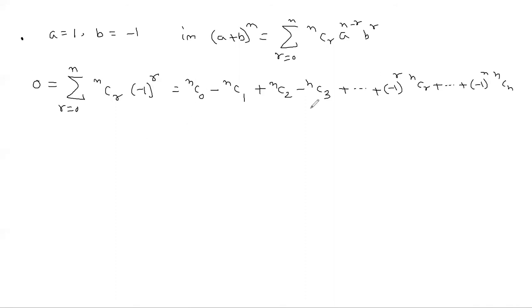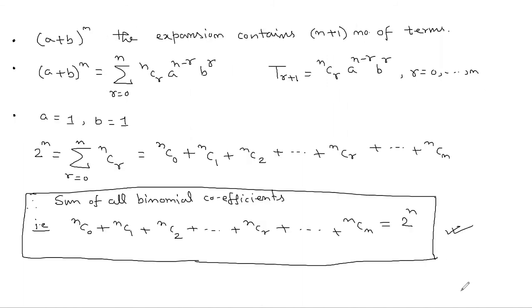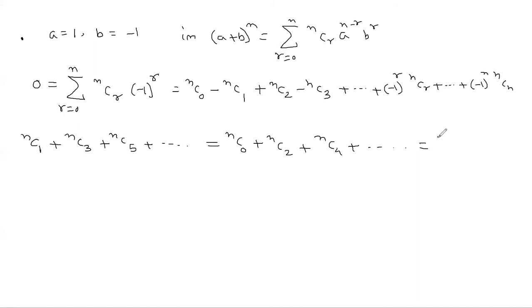If I take these negative terms to the left hand side, we'll get nC1 plus nC3 plus nC5, etc. equal to nC0 plus nC2 plus nC4, etc. That means the sum of all the even positioned coefficients is exactly the same as the sum of all odd positioned coefficients. And you have already seen the total sum is 2 power n. So the sum is going to be 2 power n divided by 2, that is equal to 2 power n minus 1. So this is also very important.